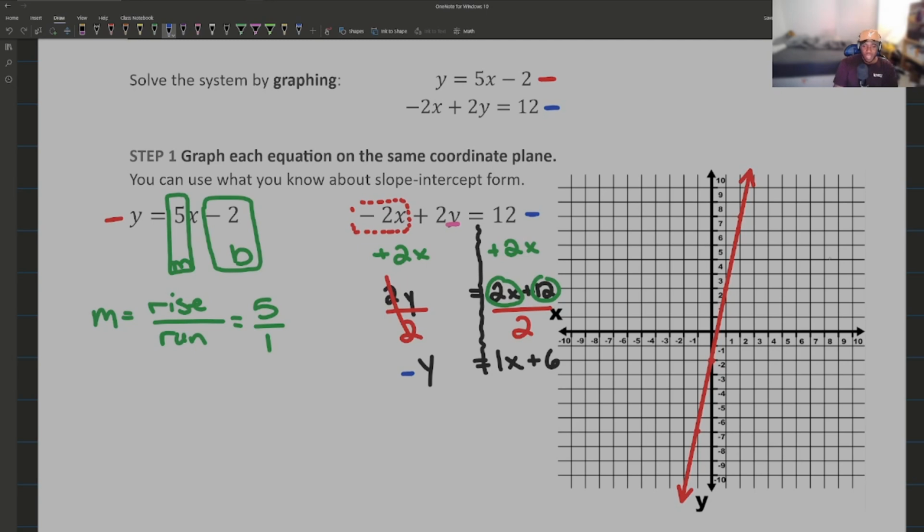All right? And so now we can go ahead and graph that just like the first one. What we know about this one is its y-intercept is at 6. And its slope, if we take a look at that m value, is 1, which we could say is 1 over 1. So what that's going to tell us we do is we go up once to the right once.